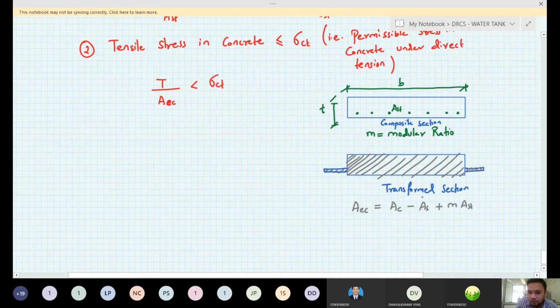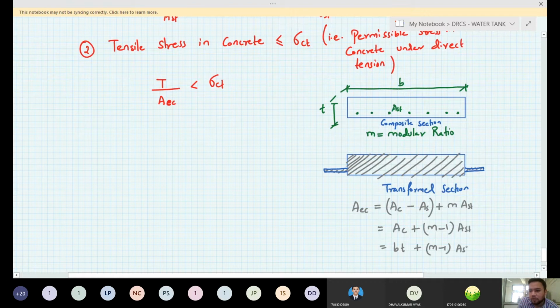This is due to the hole deduction: wherever there is steel, we have to deduct the area of the steel from the area of the concrete. So you can write it as area of concrete plus m minus 1 times area of steel. The area of the concrete is B into T, so it will be BT plus m minus 1 times AST.